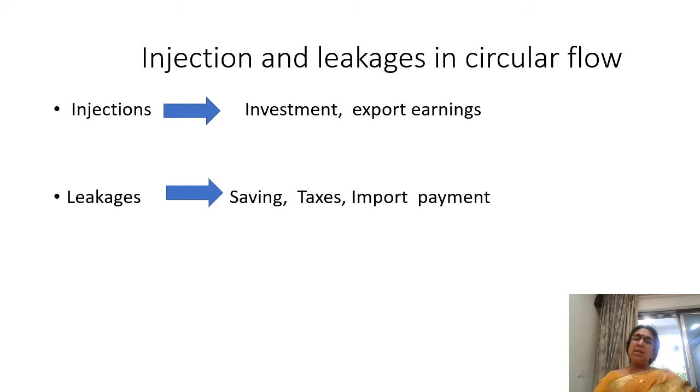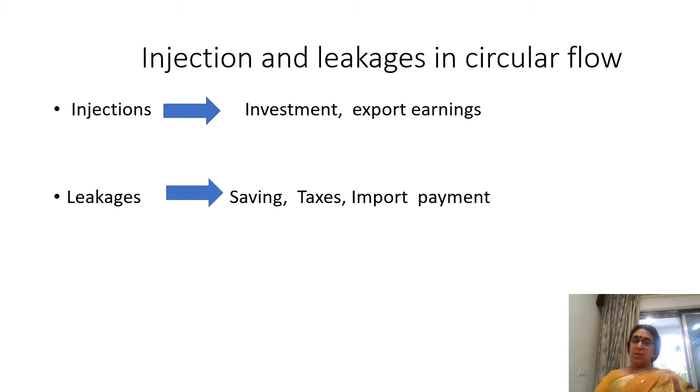Similarly, what are the injections in circular flow? Investment is considered as an injection. Why? When the businessman is doing the investment, that much income comes to the economy. So investment is considered as an injection. Export earning is considered as an injection. The more export happens in an economy, the more earnings will come to the country and the speed of the circular flow will be more.